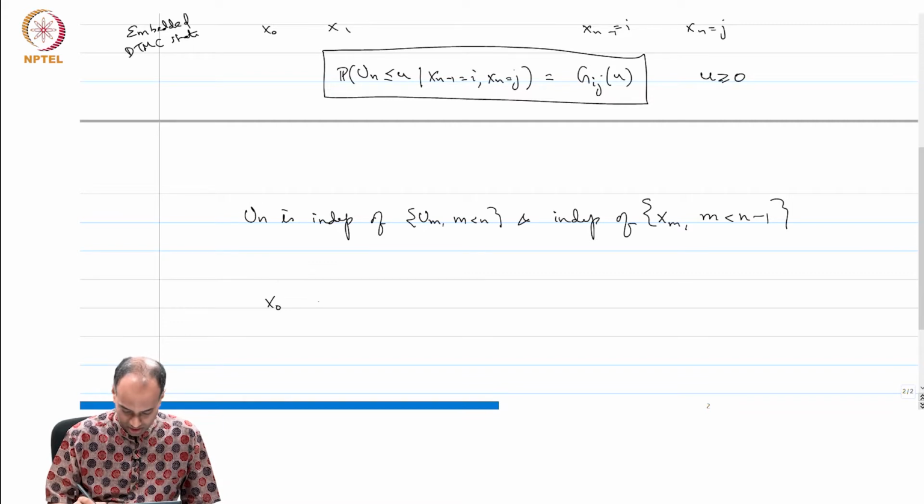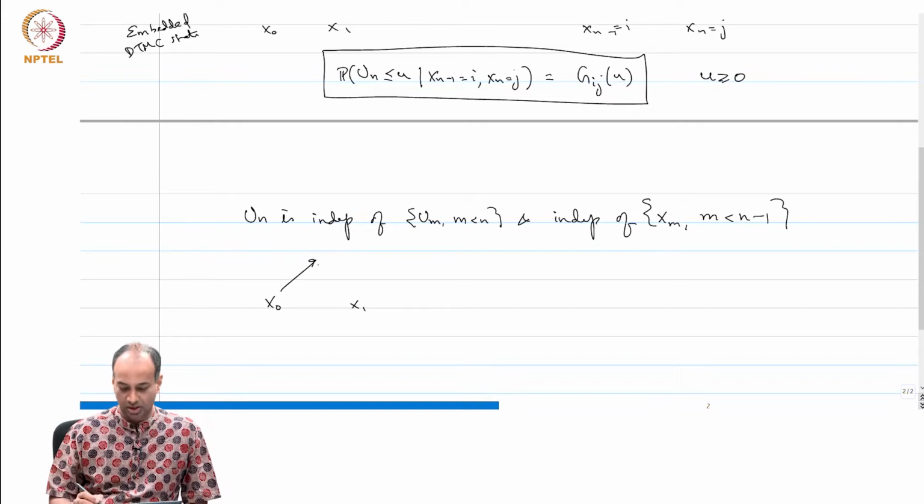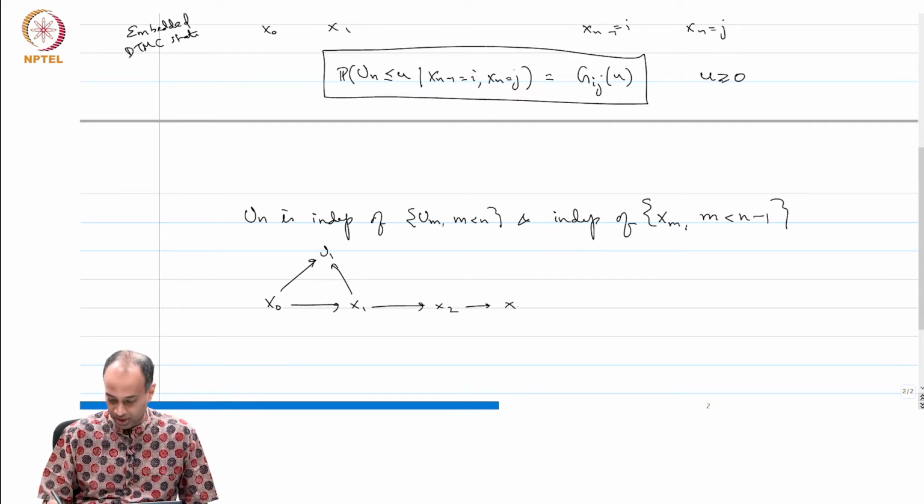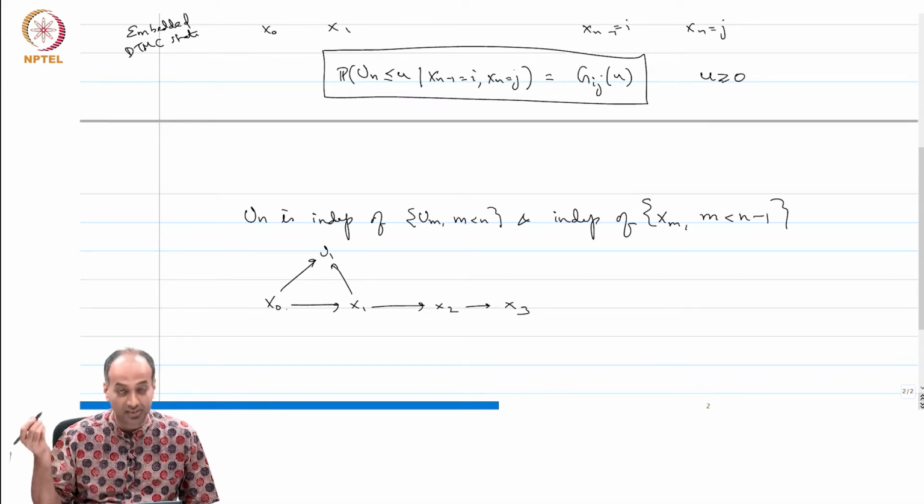So you have X0, the first state of the embedded DTMC, and then X1, the second state. These two together can determine U1 and X2. So X0, X1, X2 etcetera evolve according to a DTMC, that we already know, right. Conditioned on X1, X0 and X2 are independent, all that we already know.